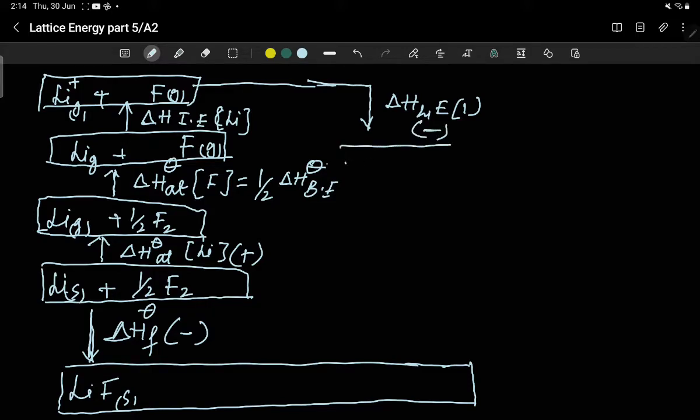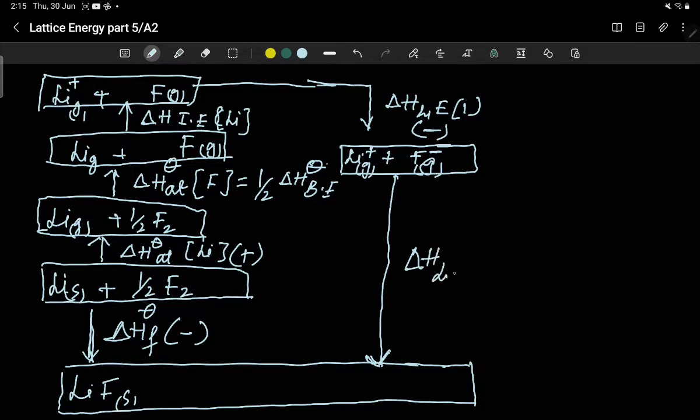So now lithium changes into a positive ion in this stage, and fluorine changes into fluoride ion, and these two opposite ions attract each other to form lithium fluoride solid, and it is known as delta H lattice energy.